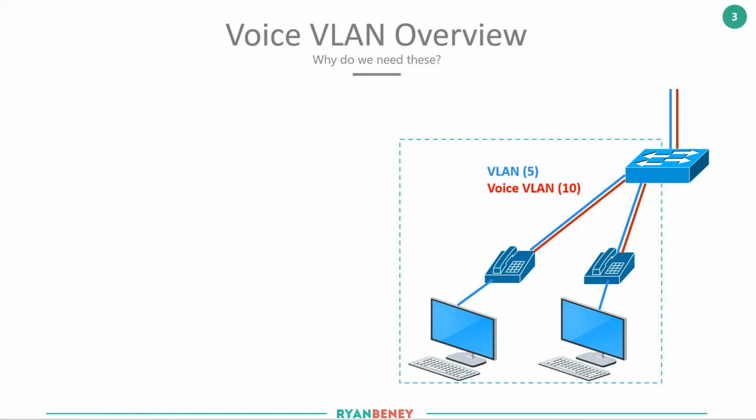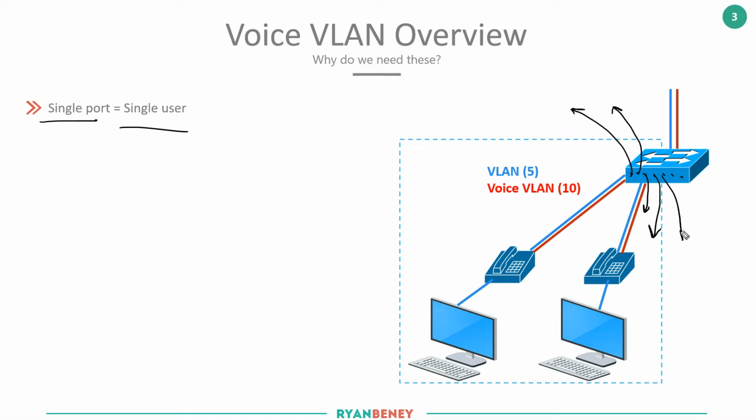First of all, voice VLANs ultimately enable us to use a single port for a single user. Some enterprises don't do this, mainly because they were set up wrong and never changed. You would have your PC plugged into one port, a phone plugged into another port, and so on.